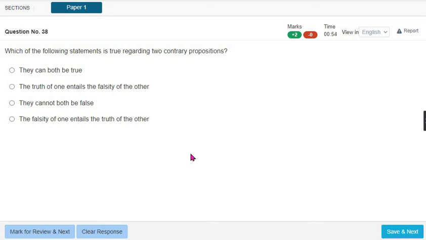Not preposition, proposition. So the answer is: the truth of one entails the falsity of the other.